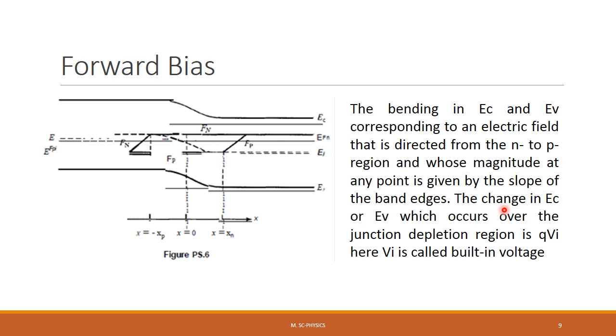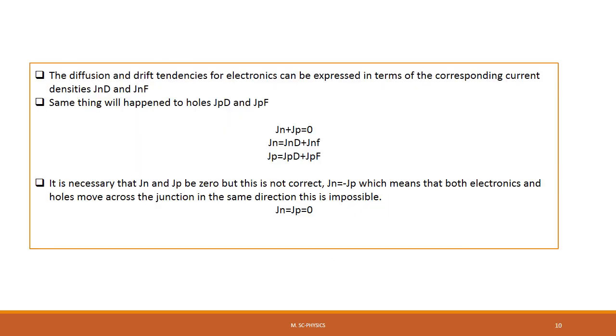The change in conduction energy and valence energy which occurs over the junction depletion region is qVi. Here Vi is called the built-in voltage. Therefore, the width of the junction gradually decreases in forward bias.